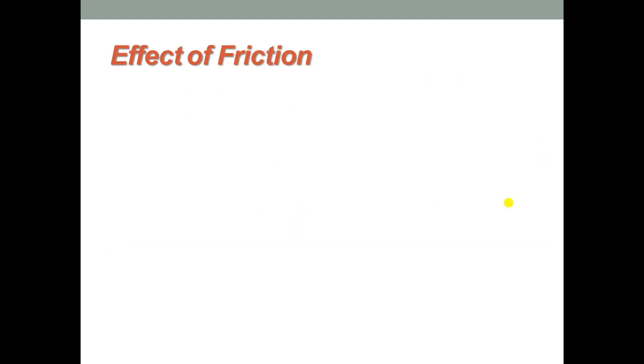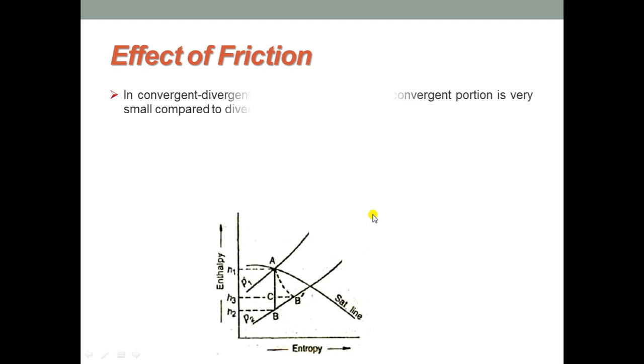Next we see the effect of friction in nozzles. We will take the convergent divergent nozzle here. The length of the convergent portion is very small as compared to the divergent portion. Thus, most friction in the nozzle occurs in the divergent portion. The effect of friction is to reduce the available enthalpy drop.